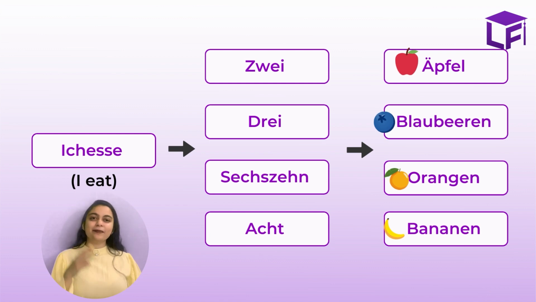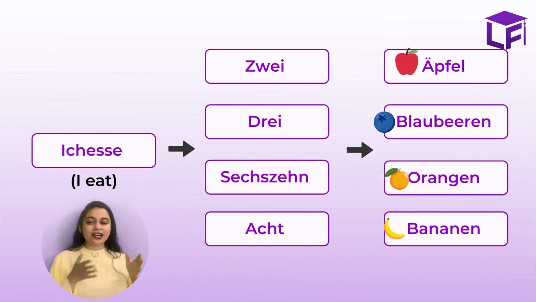Then the third number that's written over this column is 16. And the next number that we have with us is 8. We are going to use these numbers to complete the sentence that follows.